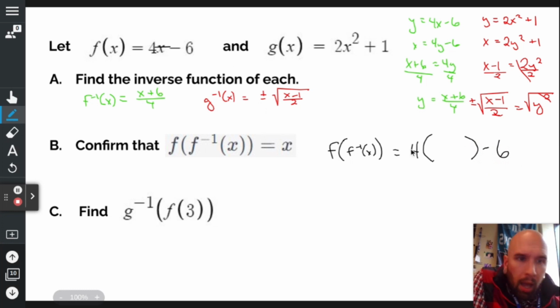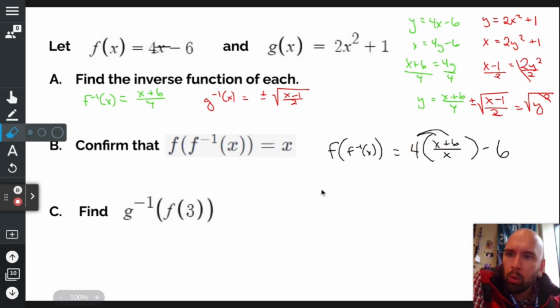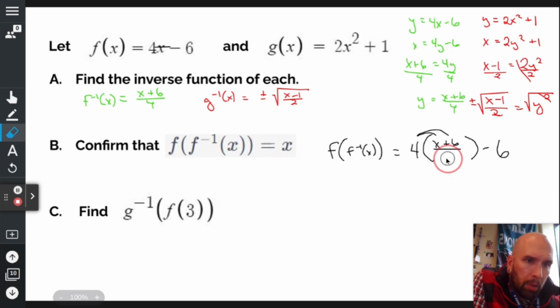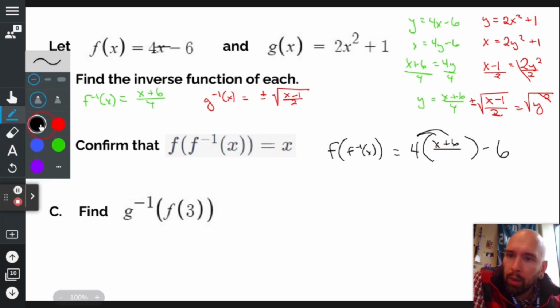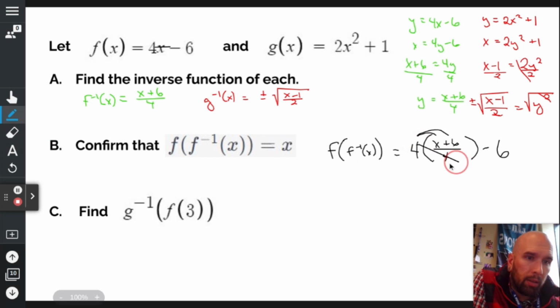So I got x plus 6 over 4, times 4, minus 6. I don't need the distributive property at all for that. So that's going to equal x plus 6 minus 6, which crosses out to x, which is what I'm supposed to get.